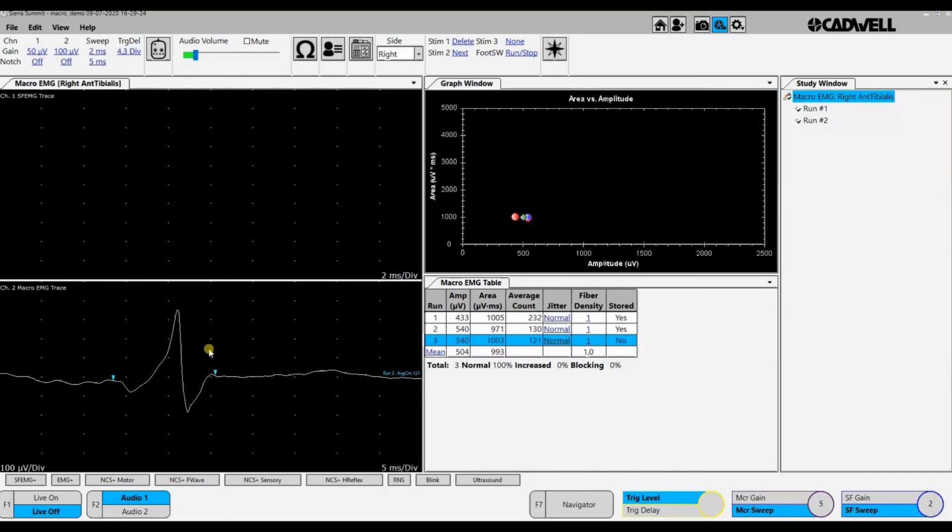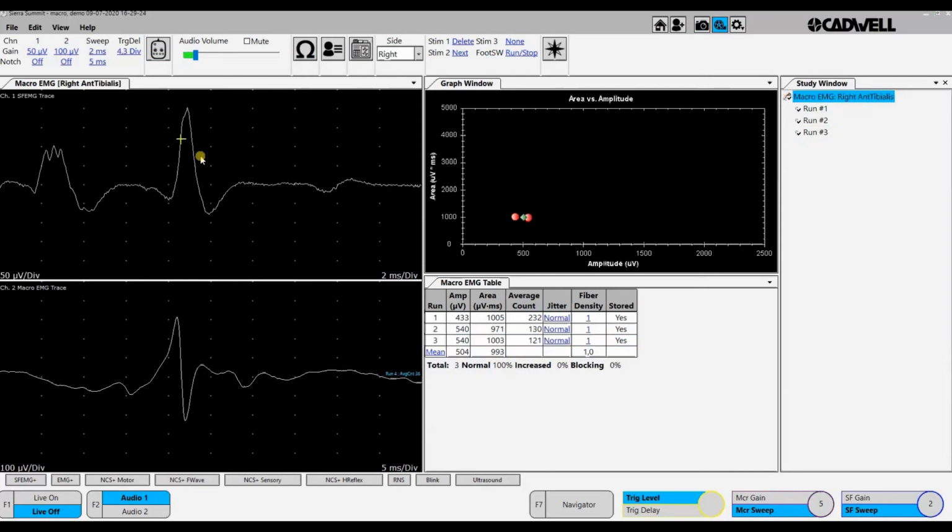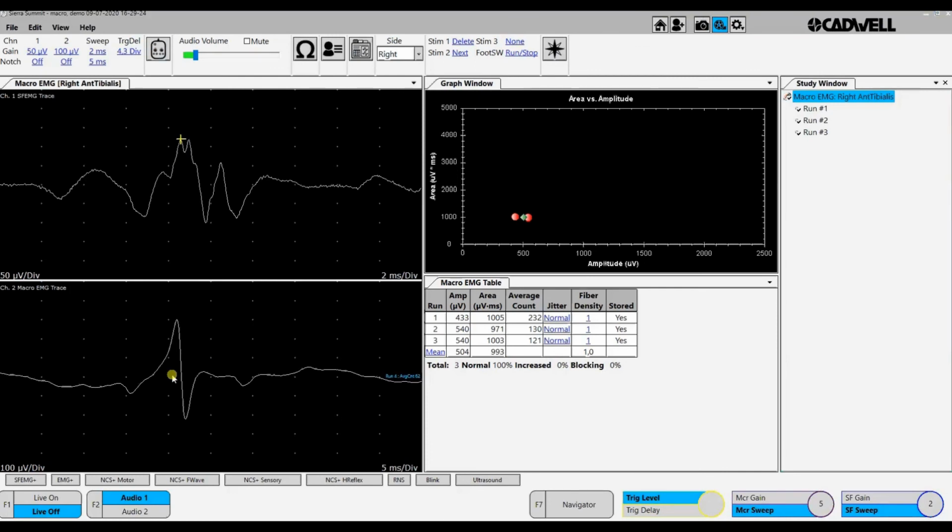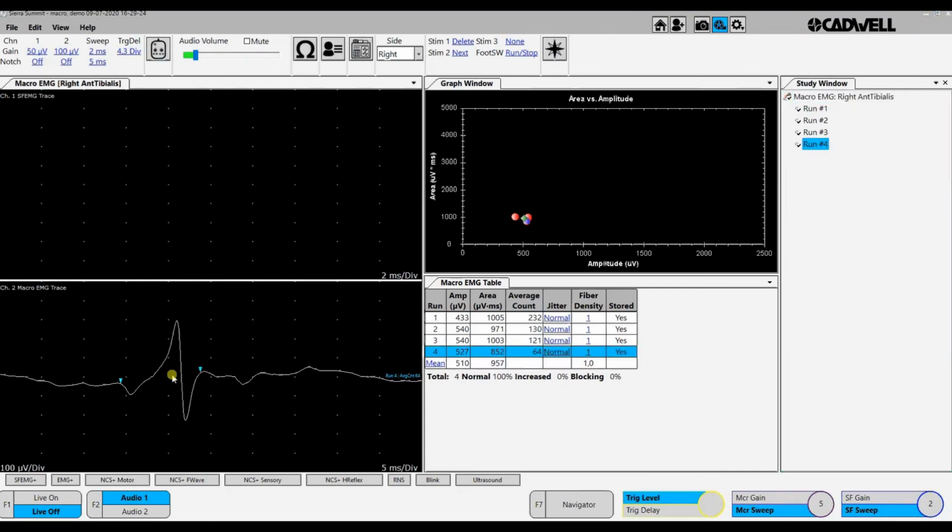I stop averaging, I save the signals here, and then I'm ready to take another signal, and we get this macro EMG signal down here. We have enough. We can store and start to record again.